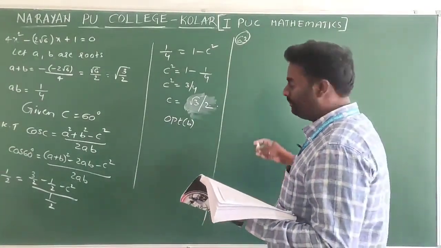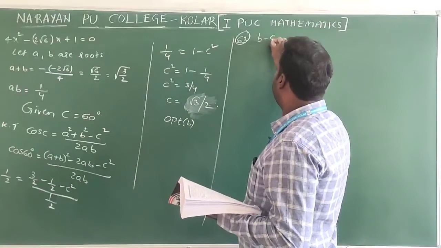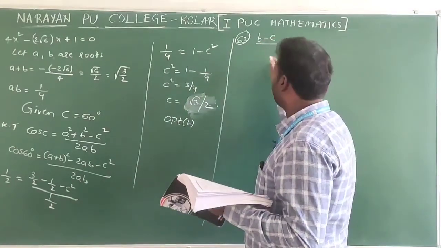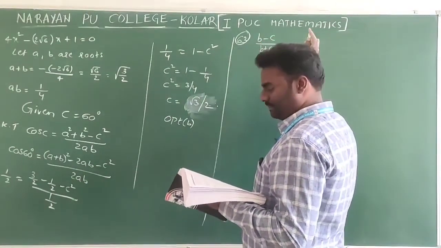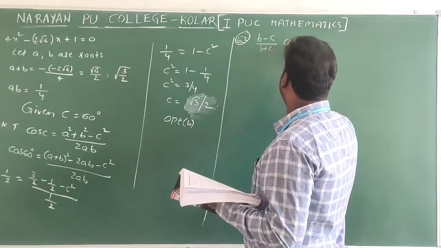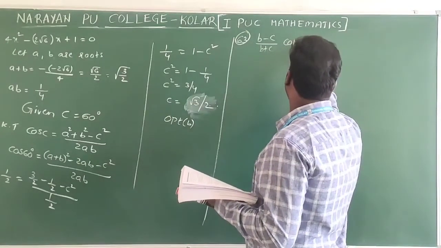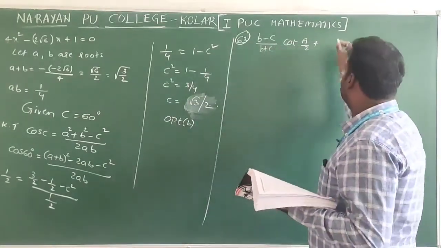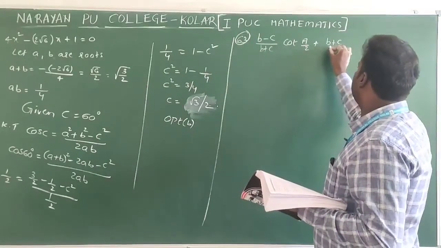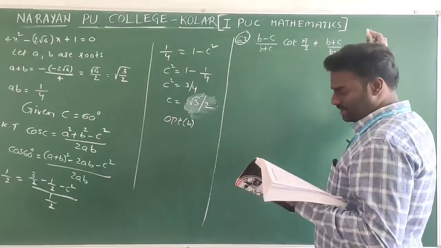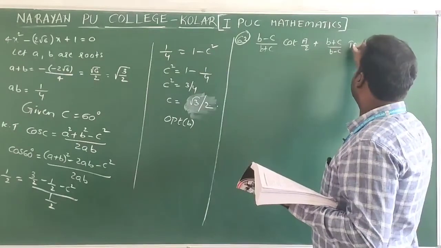They given Napier's rule, b minus c by b plus c into cot a by 2 plus b plus c by b minus c tan a by 2.